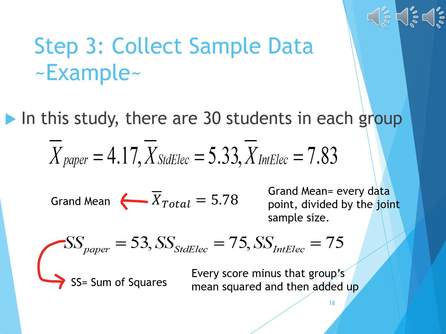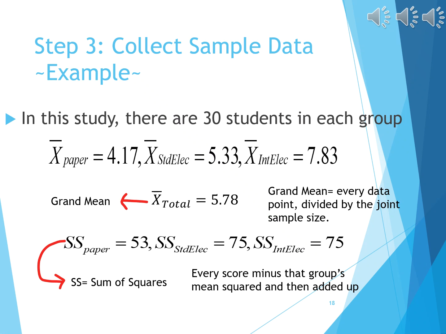Note that sometimes you could just take the average of each of these three samples, 4.17, 5.33, 7.83. If you take the average of those, it does equal 5.78, which is our grand mean. But that only works if you have even sample sizes, which we do in this case. But that's not always how it works.